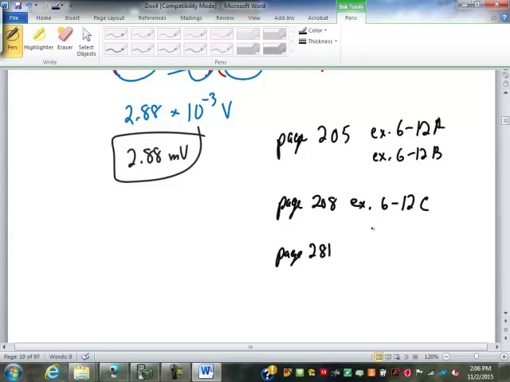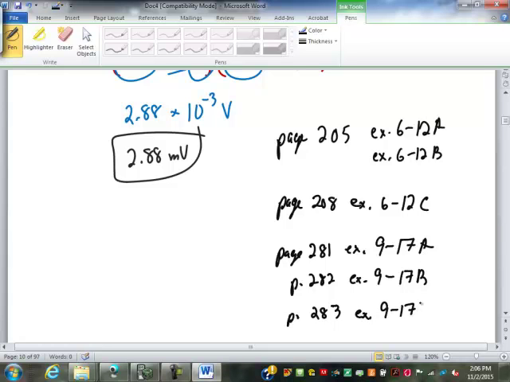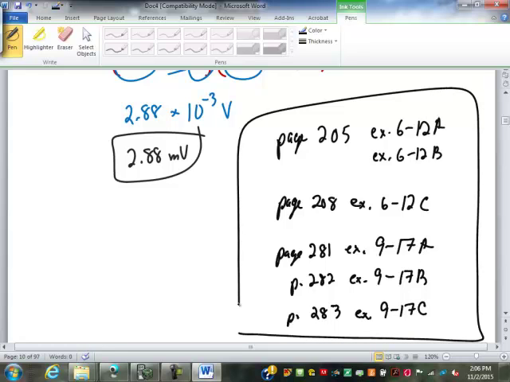Page 281, exercise 9-17A. Page 282, exercise 9-17B. And on page 283, exercise 9-17C. Do the odds again, double check them.